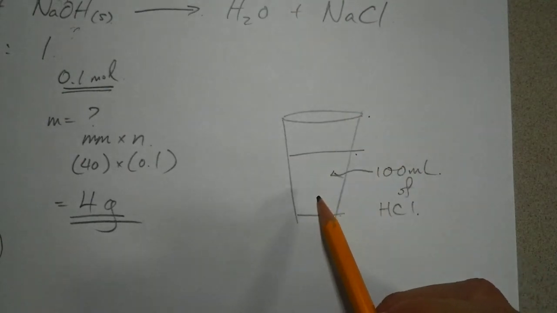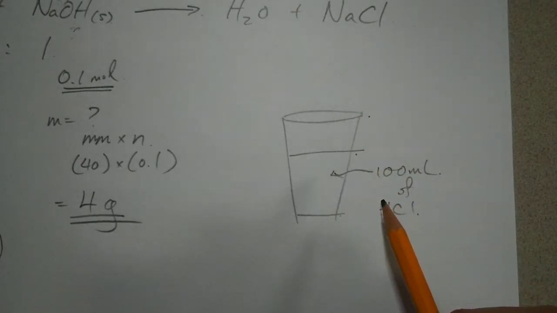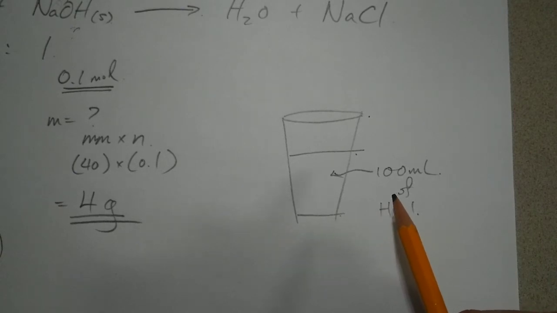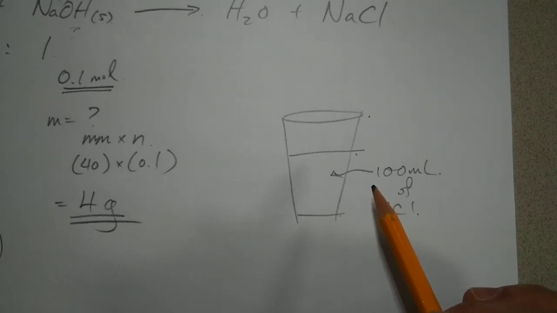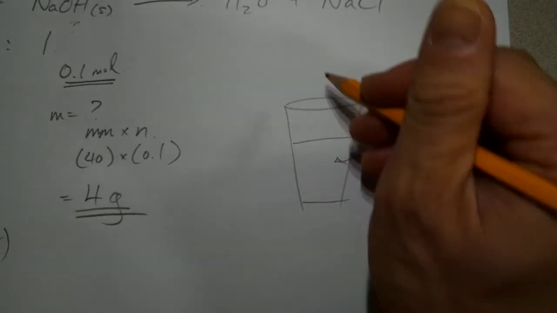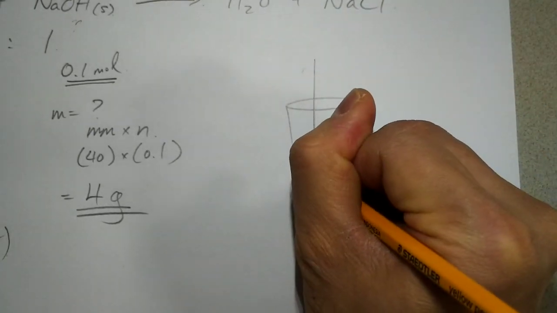You pour it in there. Now, because you're going to try to find the heat that's generated by neutralizing, what are the temperatures you will need? Before and after. On the back side there is also a thermometer.